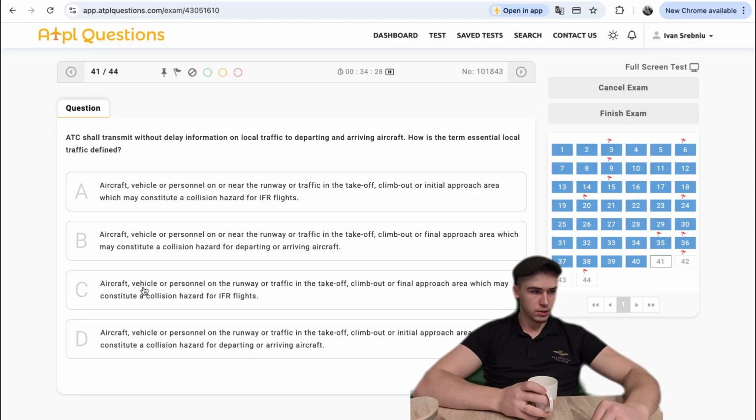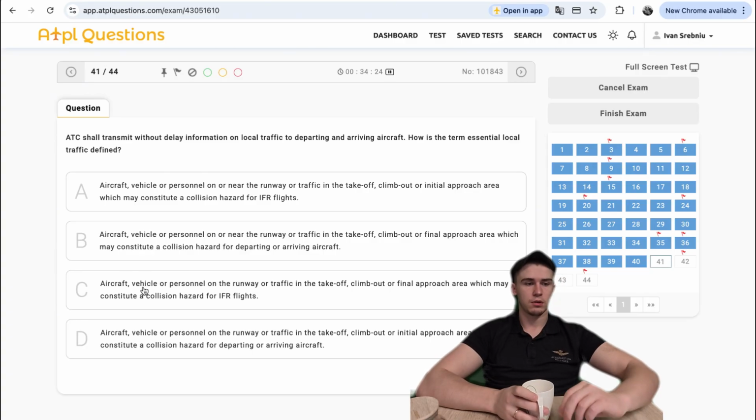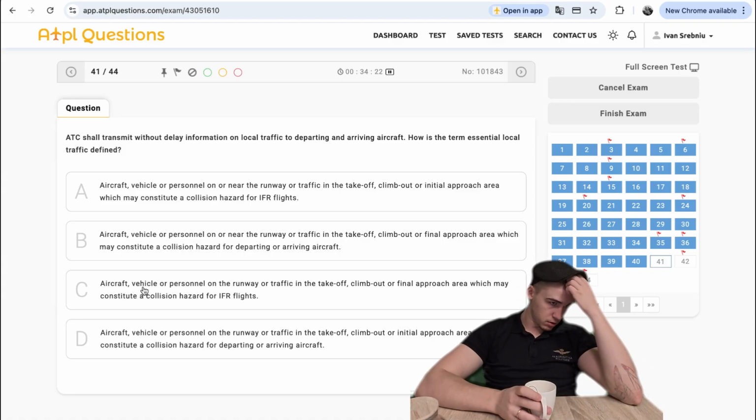ATC shall transmit without delay information on local traffic to departing and arriving aircraft. How is the term essential local traffic defined?